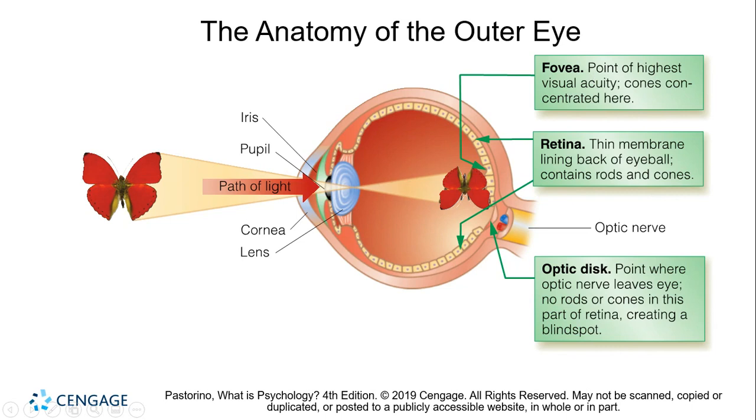Now, another important part of your eye is what is sometimes called your blind spot. So, in your retina, you have all of your rods and cones, which are connected to another set of cells, ganglion cells, which themselves send out axons.